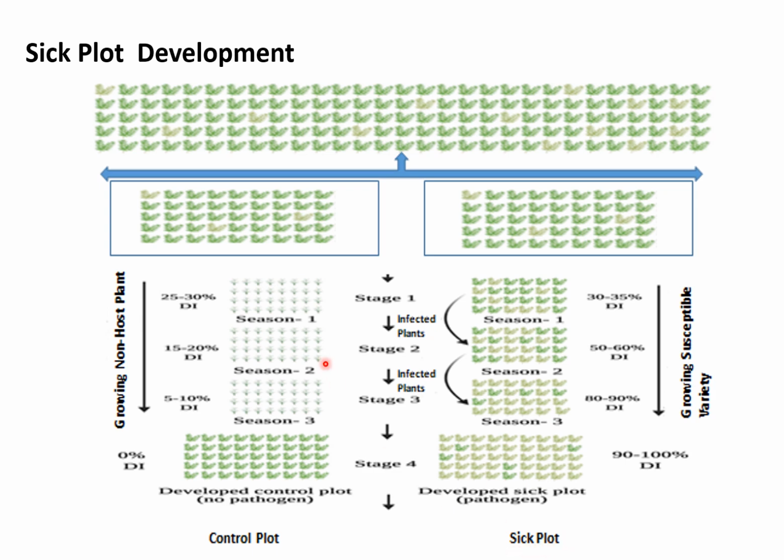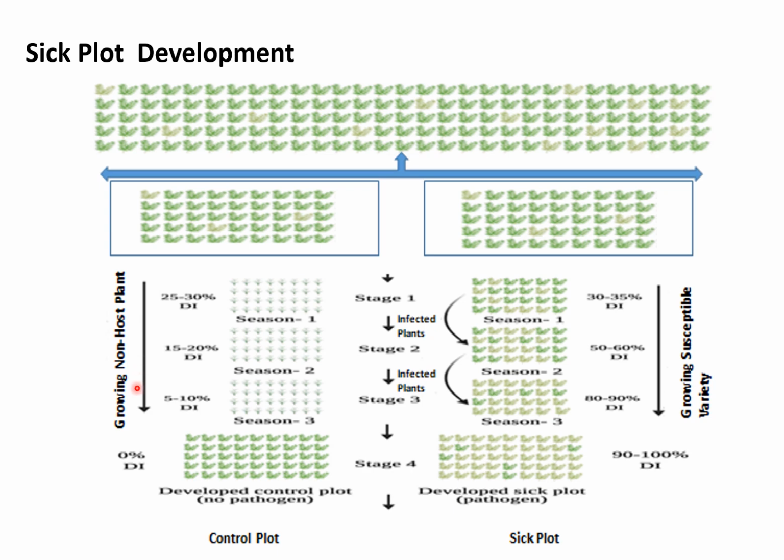But our strategy to develop the control plot is a bit different. Here we select that part of the field where the disease incidence was comparatively low, and then we remove all the infected plants after the harvesting, so that we decrease the inoculum pressure.